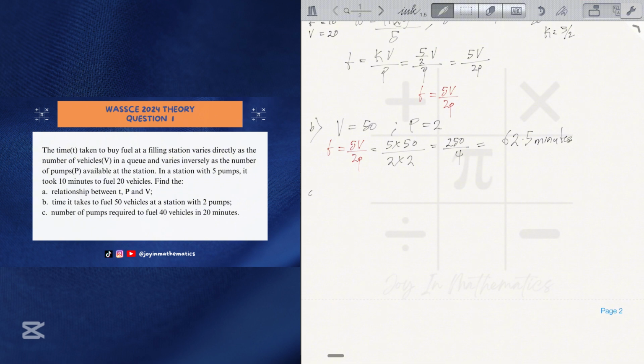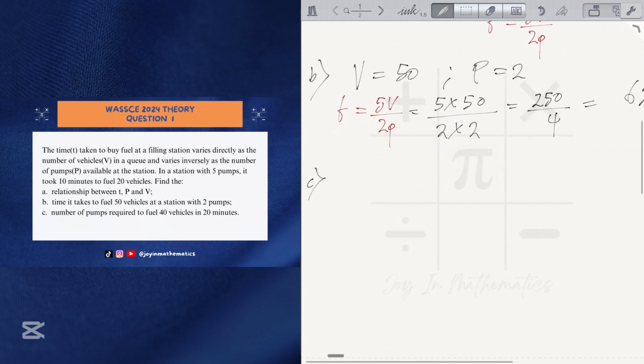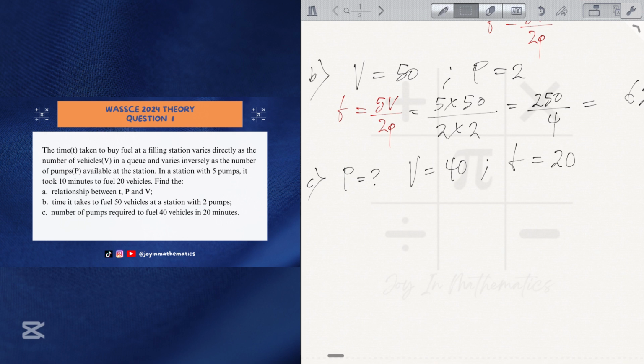Now let's proceed to the last question. The question says we should find the number of pumps required to fuel 50 vehicles in 20 minutes. So we are looking for the value of P. We are given that the number of vehicles is 40 and the time is equal to 20 minutes. So we are still going to use this expression of T equals 5V divided by 2P.